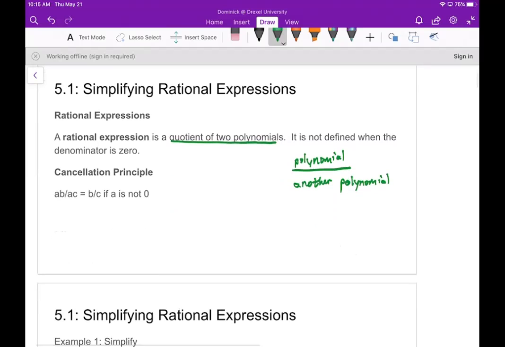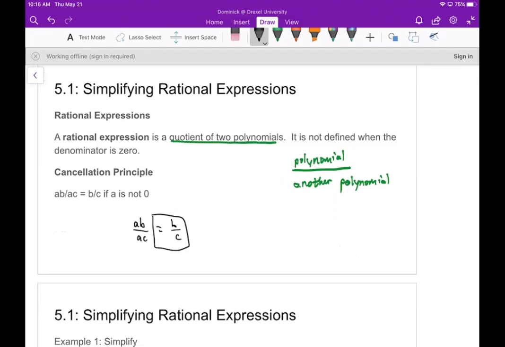Now, in order to simplify rational expressions, we're basically going to use the idea of the cancellation principle for fractions. So really what this rule says, I'll write it out in symbols first, is that if you have common factors in the top and the bottom of a fraction, you're allowed to cancel them. Now, usually most of the time we don't think of it this way.